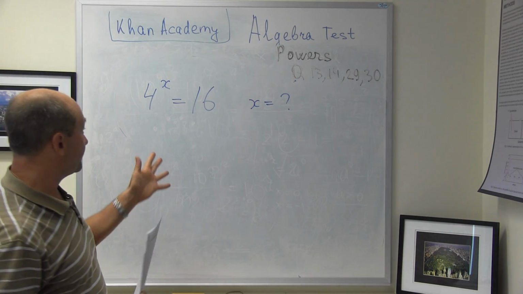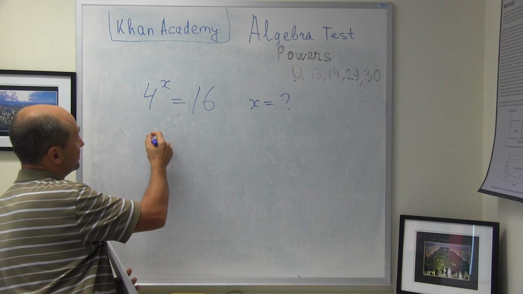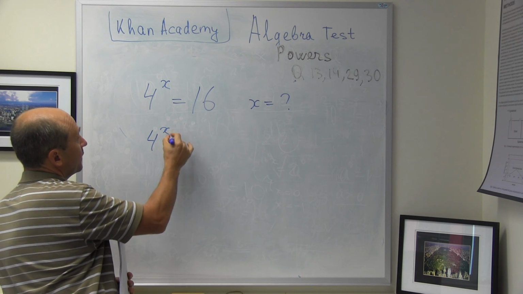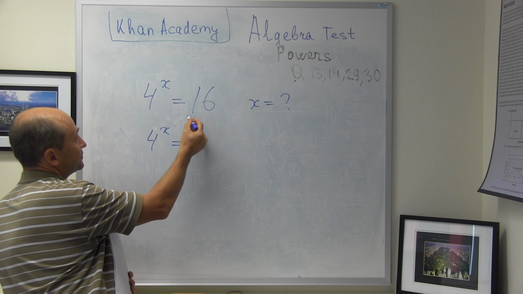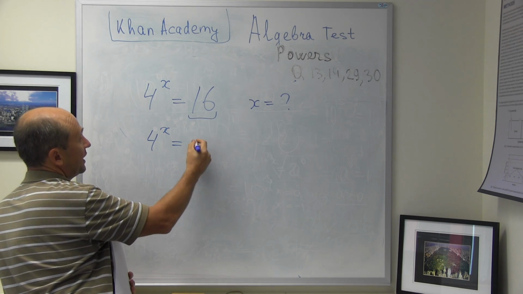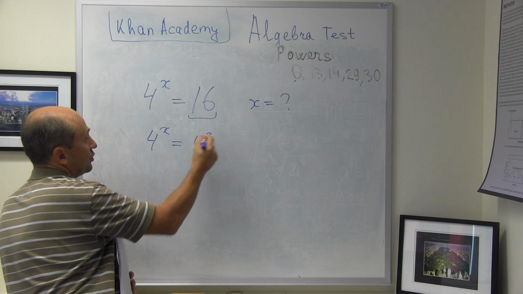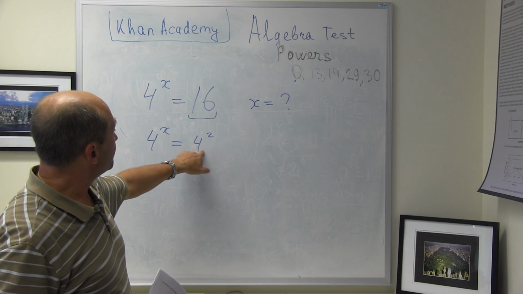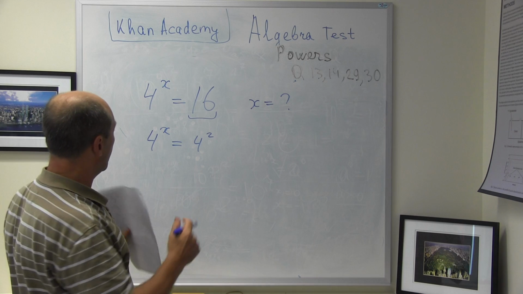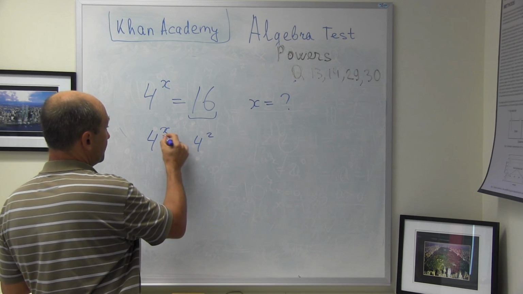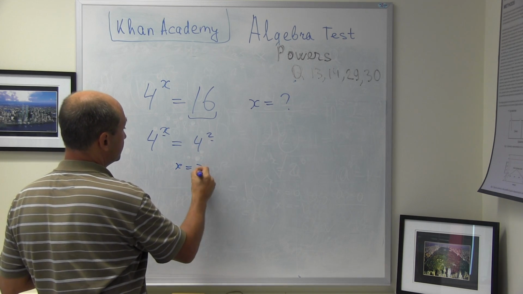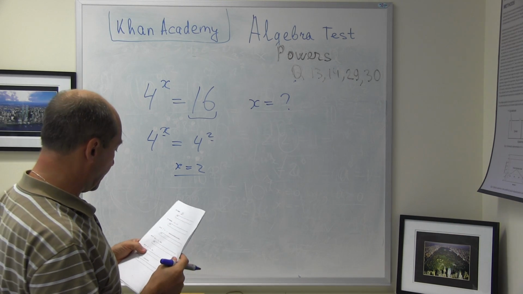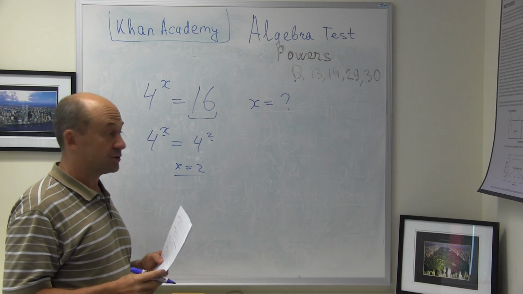How could we proceed? In this case, the logic is pretty simple. All you need to do is represent this number as a power of 4, which you shouldn't struggle with. 16 is equal to 4 squared. And because this has to be equal, this and this have to be equal. And the answer, therefore, to question 29 is x equal 2.